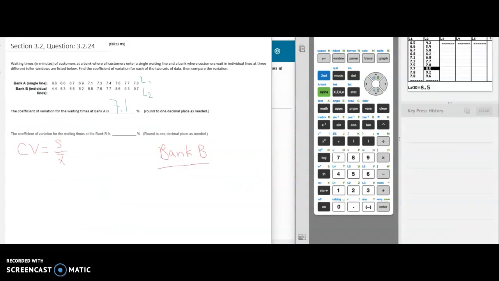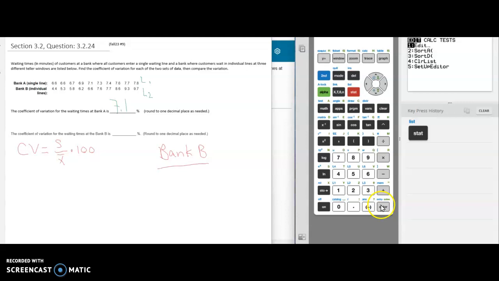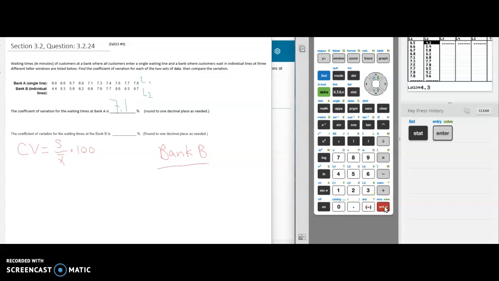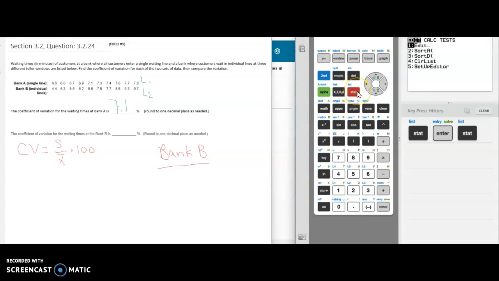For the next part, we're going to find the coefficient of variation in waiting times at bank B, which once again is the standard deviation over the mean, times 100 to make it a percentage. We go back into Stat, Edit, to get to our lists, and we'll be using list 2 this time. Make sure you type in your data values. Then I go to Stat, over to Calc, one var stats, and change my list to list 2.